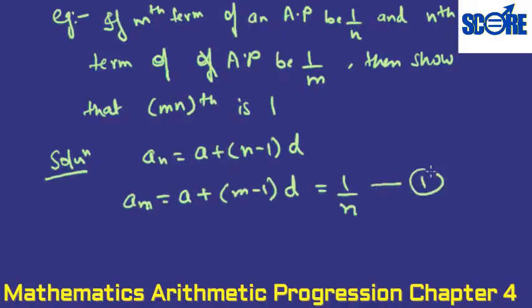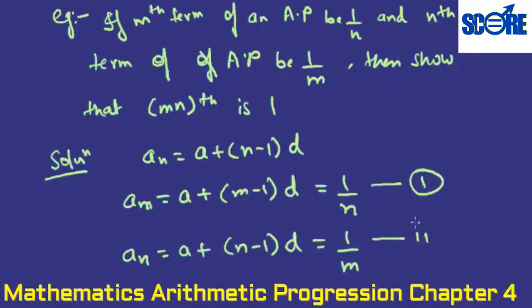So this is the first equation, and in the same way it is given that the nth term of an AP is 1 by m. So the nth term a plus n minus 1 into d is equal to 1 by m, which is the second equation. So now we have to solve these two equations, and we have to find out the value of a and d, because we have to prove that the mnth term of an AP is equal to 1.